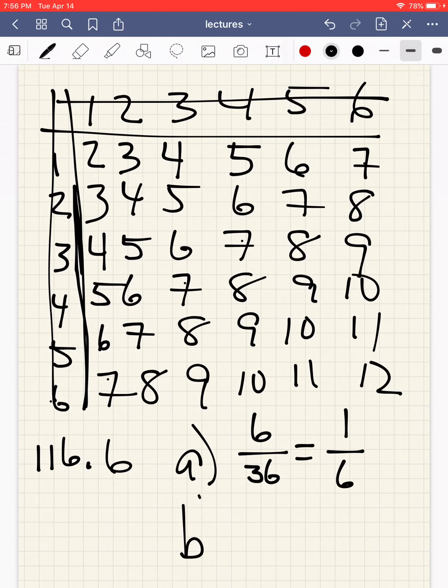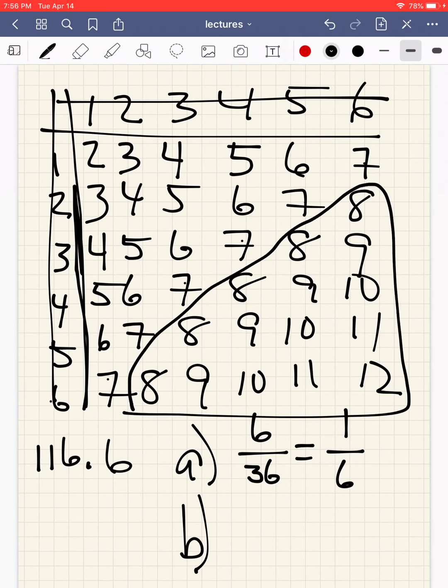Letter B. What is the probability of getting a sum greater than 8? So I'm only going to count these numbers right here, greater than 8. So that would be 1, 2, 3, 4, 5, 6, 7, 8, 9, 10, 11, 12, 13, 14, 15 out of 36.